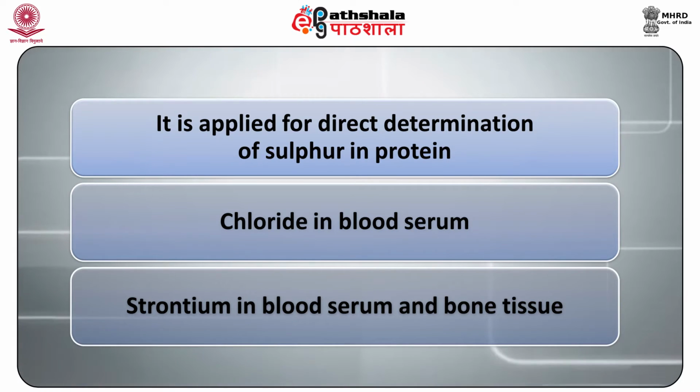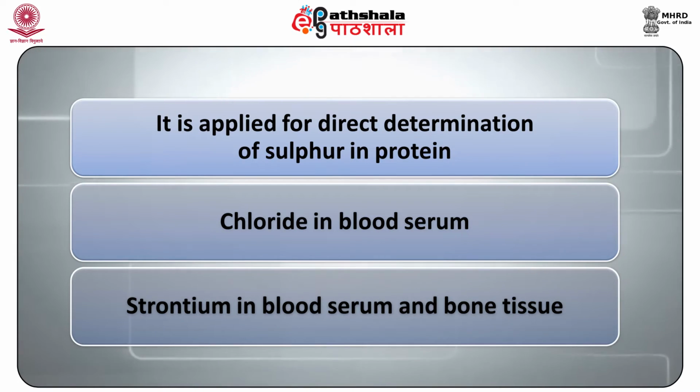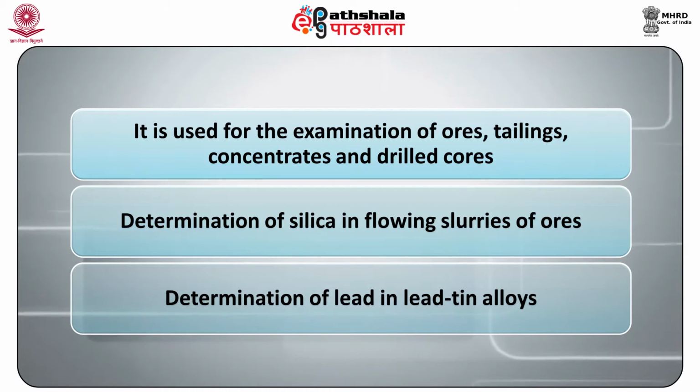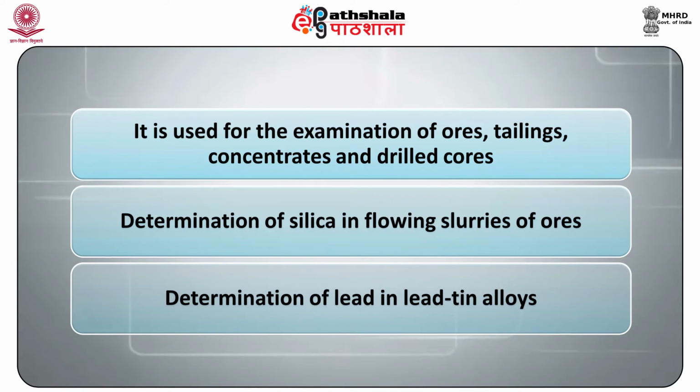It is applied for direct determination of sulfur in protein, chloride in blood serum, strontium in blood serum and bone tissues. It is used for the examination of ores, tailing, concentrates and drilled cores, determination of silica in flowing slurries of ores, determination of lead in lead tin alloys.